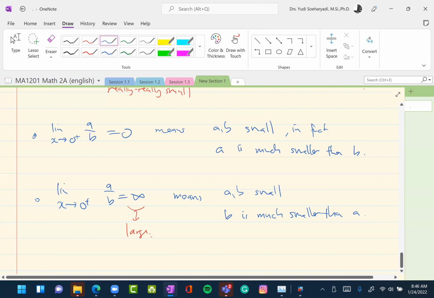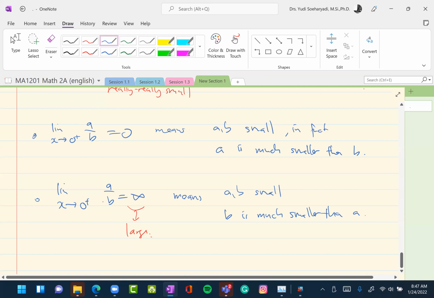All right. So here you're comparing bacteria and virus. If you put virus as A, bacteria as B, you get 0 because the virus is much smaller than the bacteria.